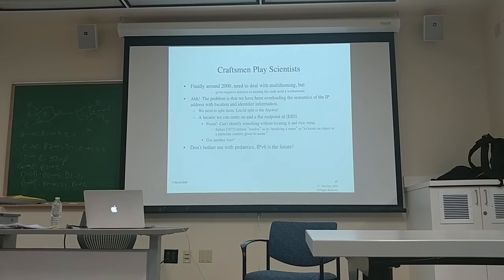Finally, around 2000, somebody says, okay, we really need to deal with this multi-homing problem. Given the negative reaction to naming the node, we need a workaround. The problem is that we've been overloading the semantics of the address with locator information and identifier information. We need to split the two. I hate to tell you this, guys. A friend of mine wrote this paper.